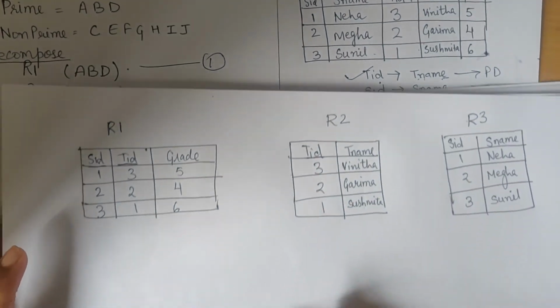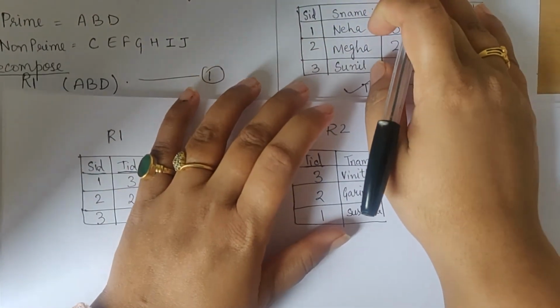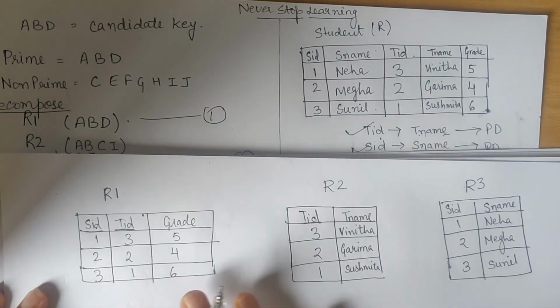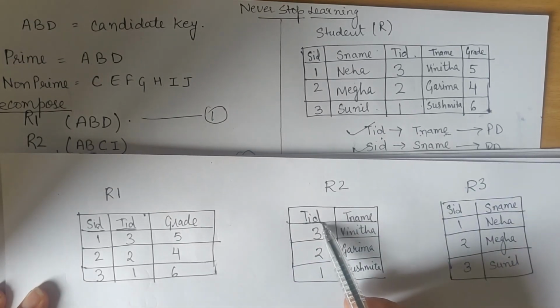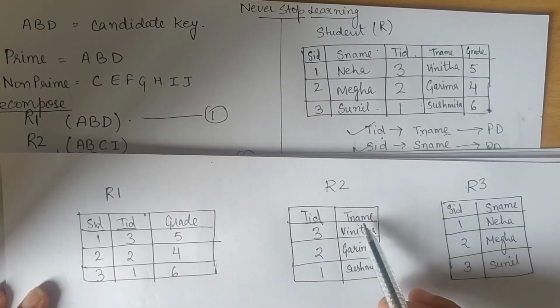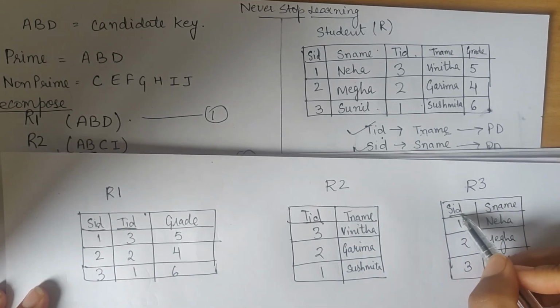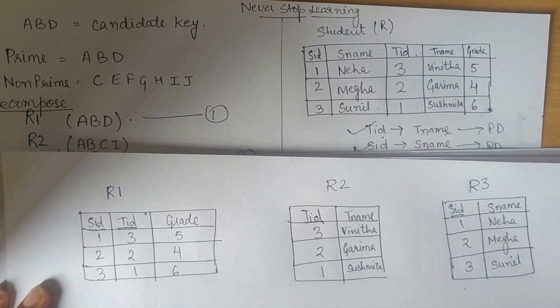Now if you can see, we have brought this student relation R into 2NF. Now there is no problem of partial dependency. For this table, TID will act as key, and the key will determine the non-prime attribute. Here also, SID will work as a key and the SID key will determine a non-prime attribute.